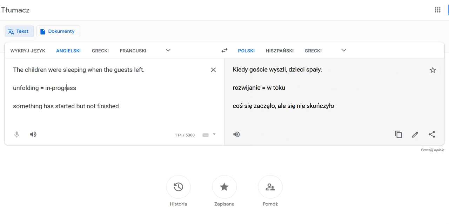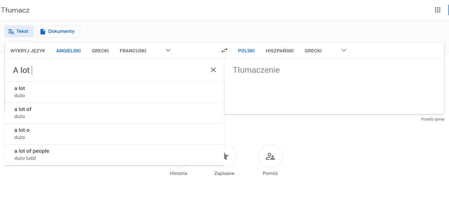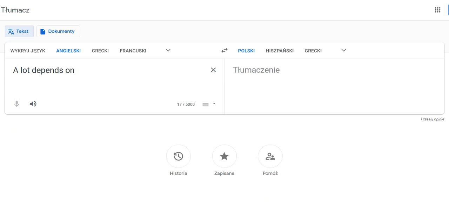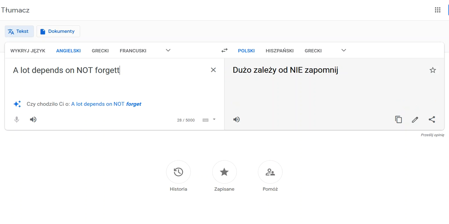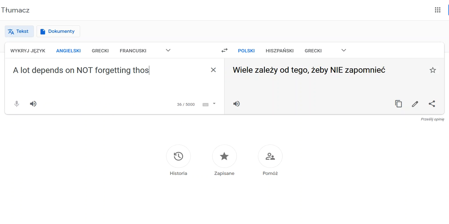So, we can say in progress, or we can say unfolding. Remember those terms. You have to remember those terms. It's very convenient, okay? A lot depends on not forgetting those terms and their meaning.